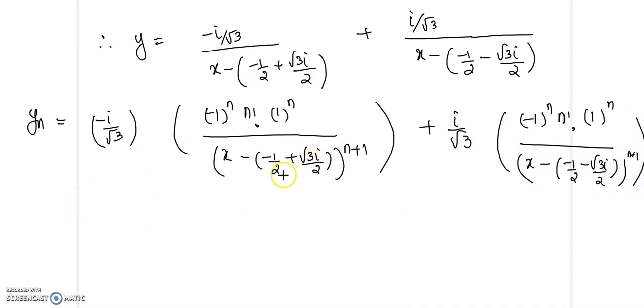And now let us simplify this term. Now we need to convert to real values. So for that let me put x plus 1 by 2 equal to r cos theta. So here the real part is x plus 1 by 2, and root 3 by 2 equal to r sin theta.